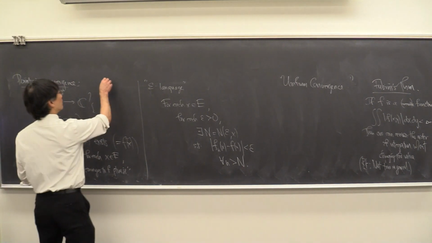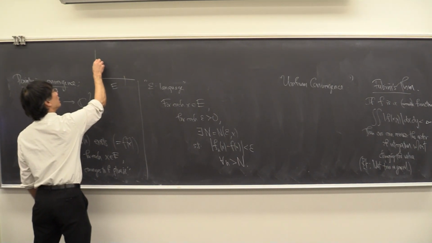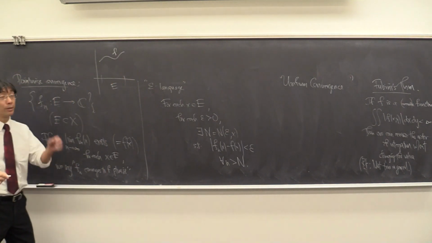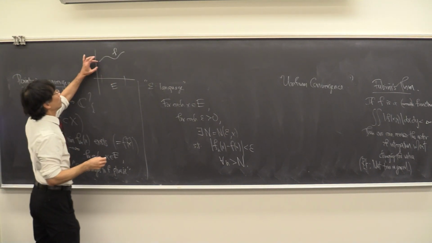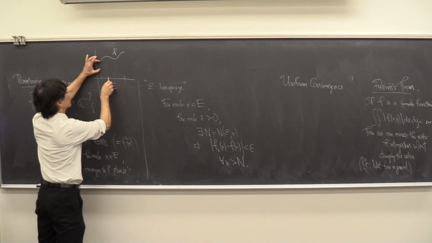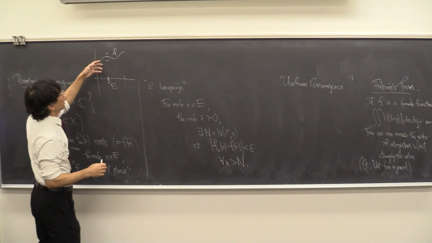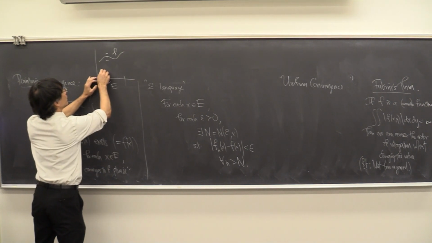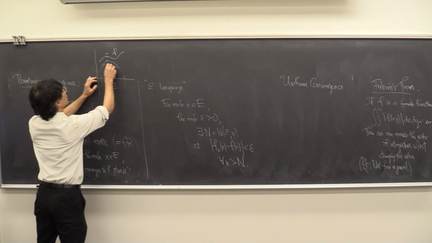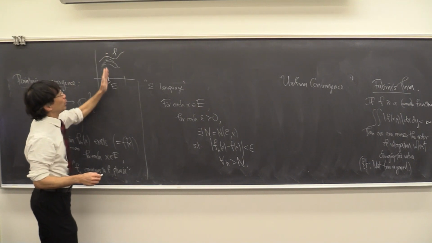It just means that you have some function f, and whenever you take a point x and some distance epsilon, your functions are going to get within that epsilon neighborhood at that point.